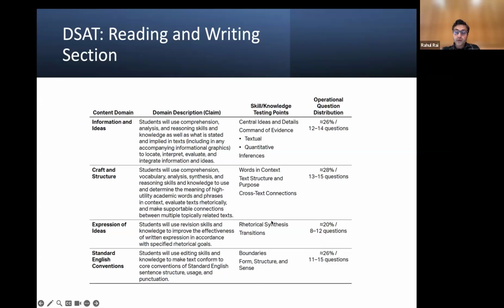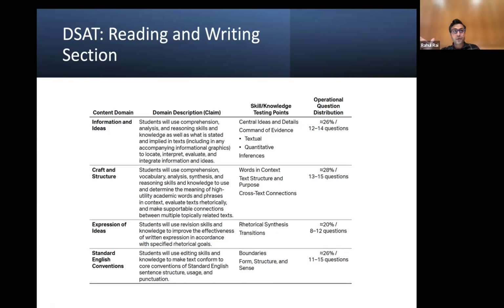And this gives you the idea of what level of granularity, or what level of things, you need to be practicing. Another way to state this is, think about if there was a book written about the DSAT reading and writing section, then these are essentially the chapters of that book.